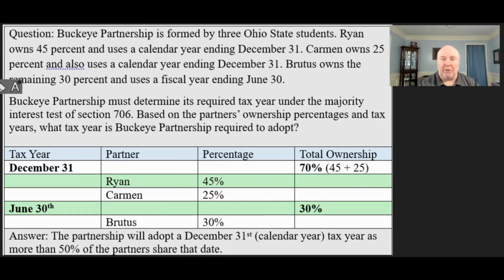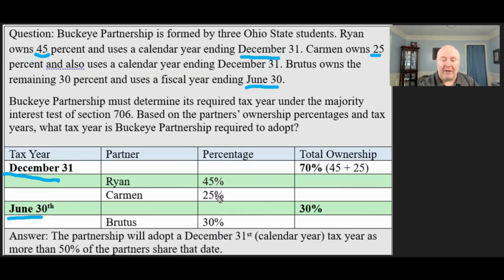And here's what we're doing, right? We're looking at our three partners over here and we're saying, well, what is their tax year? We have a December 31st tax year, and we have somebody who has a tax year of June 30th. So let's see what percentage is under each of our tax years. For December 31st, we had 45% for Ryan, and then Carmen owns 25%. They're both using December 31st.